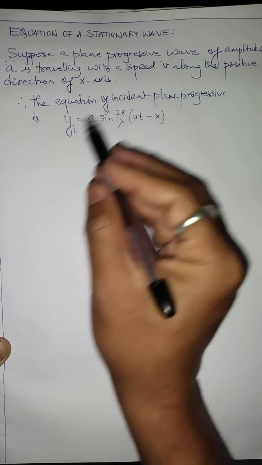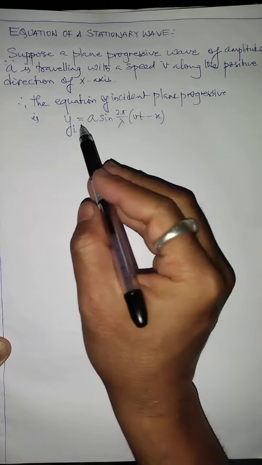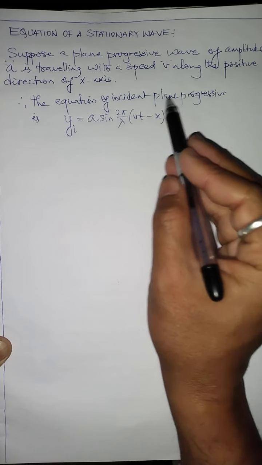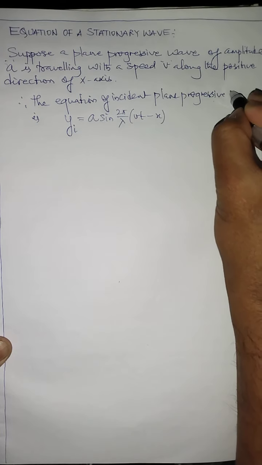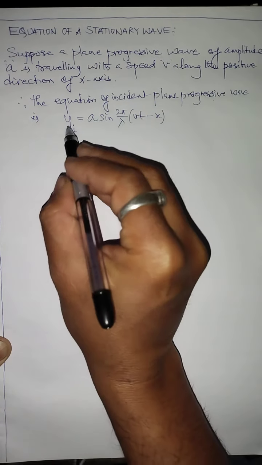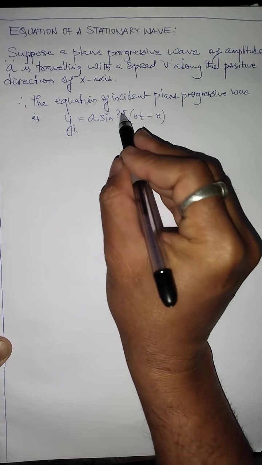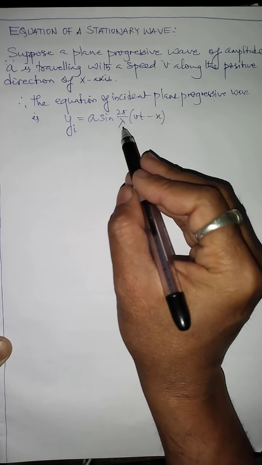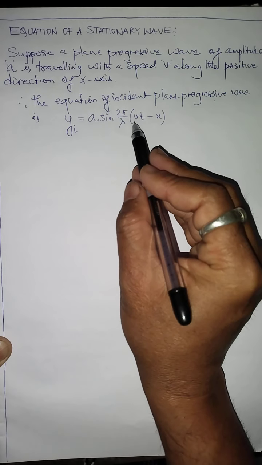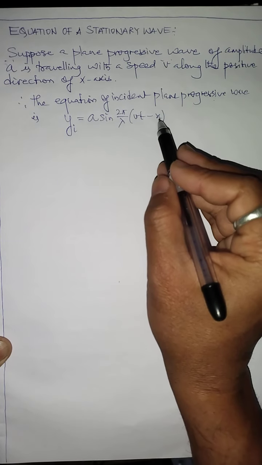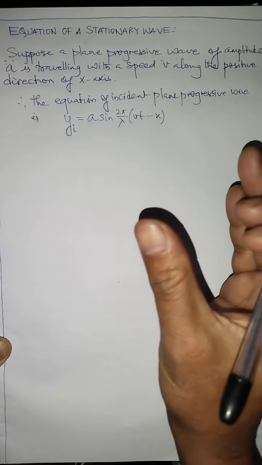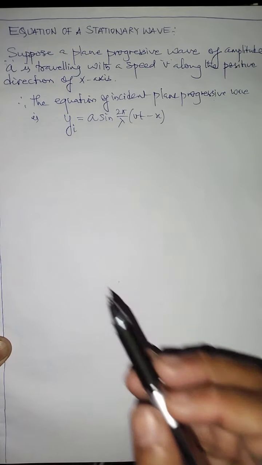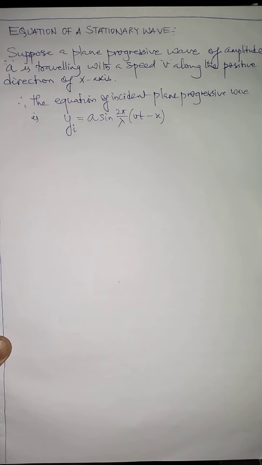This is one of the equations of a plane progressive wave, but I am writing it as y_i because it is the equation of the incident plane progressive wave, where a is the amplitude of the wave, λ is the wavelength of the wave, b is the speed at which the wave propagates, and x is the distance through which this wave goes and makes the particles displace. So this is the equation of the incident plane wave.